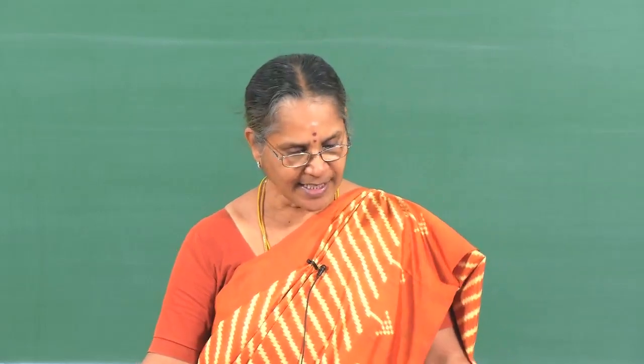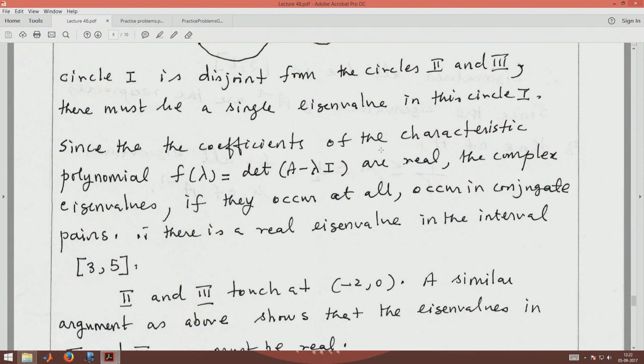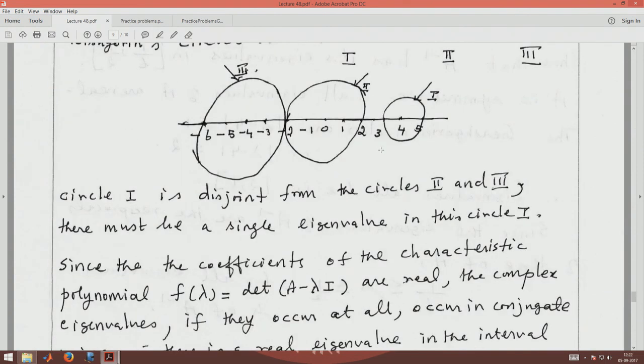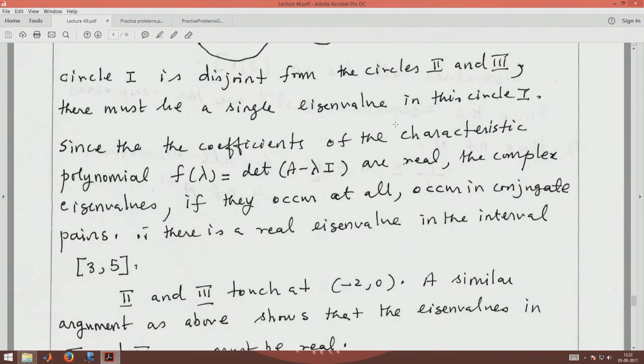Therefore, there is a single real eigenvalue within this interval, namely 3 to 5, because this is a disjoint circle. A single eigenvalue lies within it and the radius of the circle is 1. So, that single eigenvalue is real, and it lies between 3 and 5. So, we know the interval within which this real eigenvalue lies.